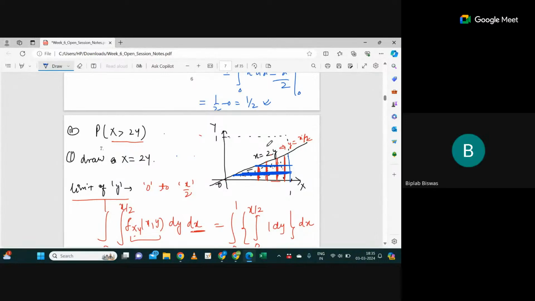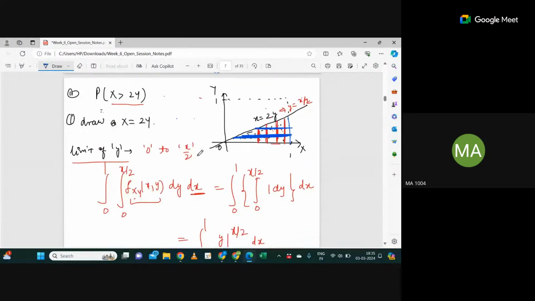Right now, this is what I was telling, that the limit of x is 2y to 1. So if we stick to one approach, do we need to practice both ways? No, any one is fine. In this, I am telling both approaches. Sometimes people prefer finding the limit of x first, then the limit of y.